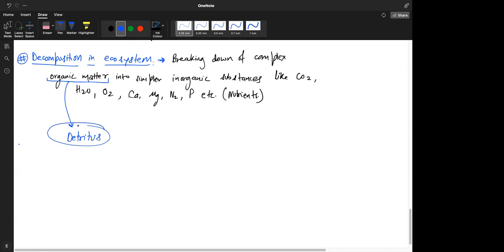You can write: detritus is the dead plant and animal remains, including fecal matter. That is, dead plant or animal remains, including the fecal matter. All this needs to be decomposed into simpler substances. Is it clear?